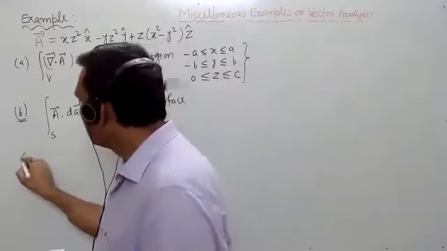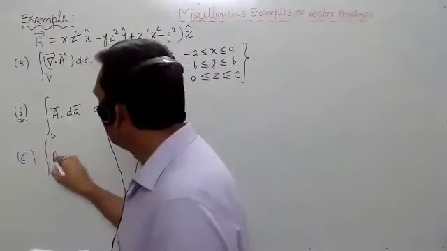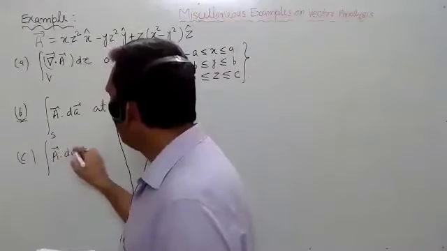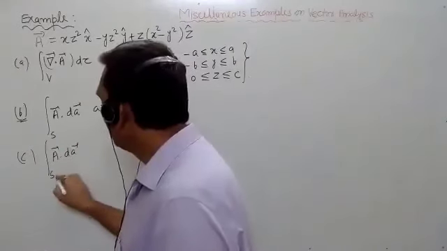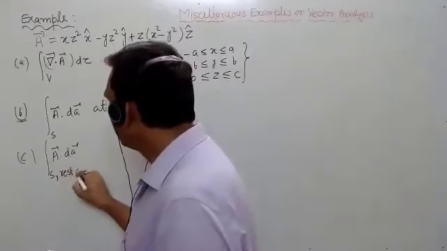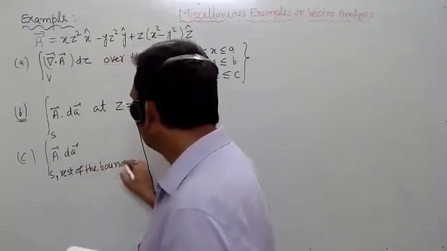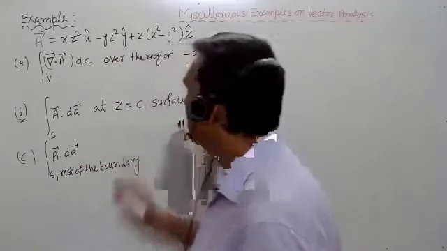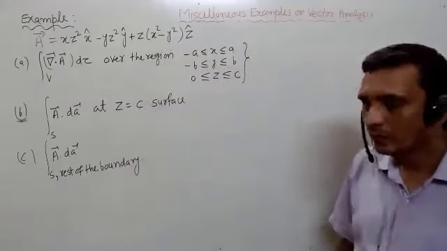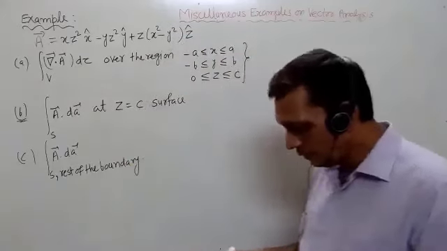And then C part, what will be A dot dA through the rest of the boundary? So let us calculate it.